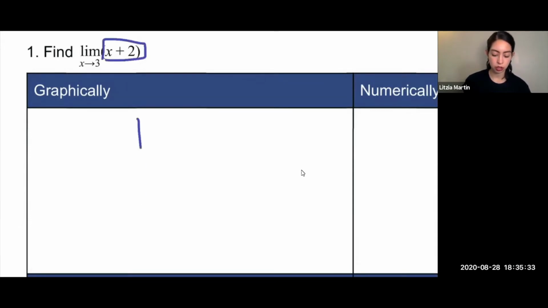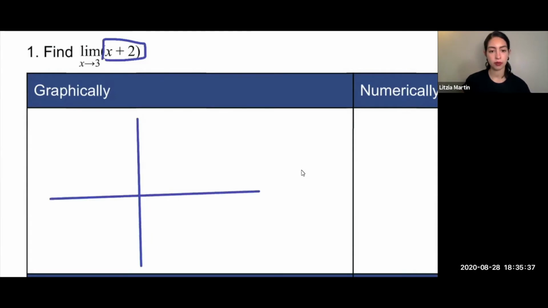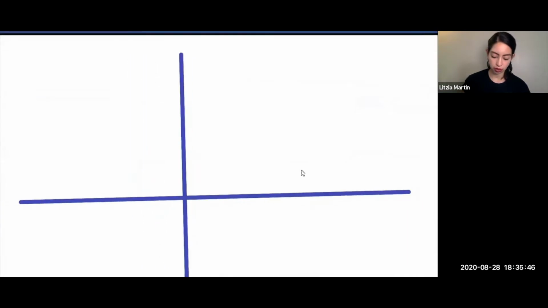So what I'm going to do is I'm going to graph this function. This is just the diagonal line shifted up 2 with a slope of 1. So we've got that intercept there, and it's a slope of 1.